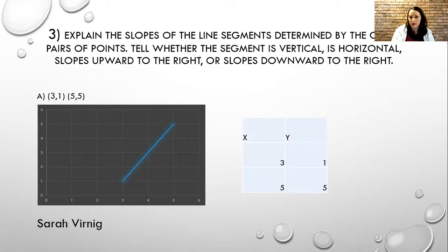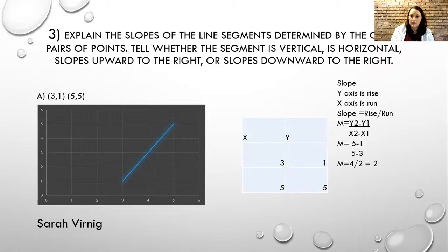So we just make a table with the points that were given, and we're going to find the slope. To find the slope, we're going to use our slope formula. And remember, the y-axis is the rise, and the x-axis is the run. Slope equals rise over run.